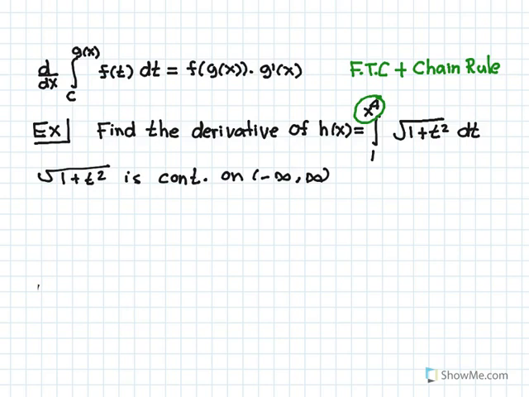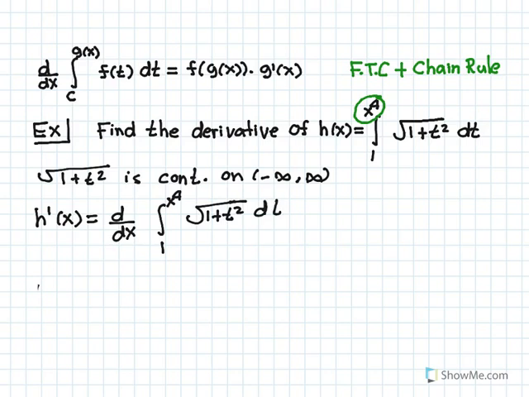And so h prime of x is going to be d/dx of the integral from 1 to x to the fourth of the fourth root of 1 plus t squared dt. By the formula above, the derivative cancels the integral. The upper limit, which is x to the fourth, is substituted for t, and you multiply by the derivative of that upper limit.